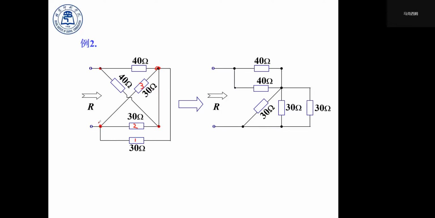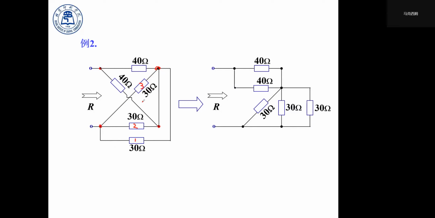You can see that resistor 1 and resistor 3 share the same 2 dots.